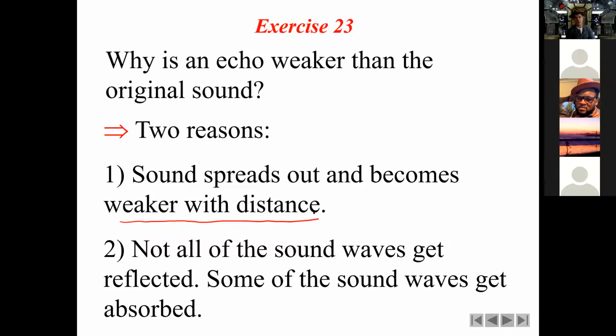So an echo has to travel a certain distance, reflect, and then come that distance back. The farther sound has to travel, the weaker the sound gets. But the other reason is, anytime the sound hits a surface, not all of it's going to get reflected. Some of it's going to get absorbed. If some of the sound gets absorbed, the sound's not going to be as loud as it was before.